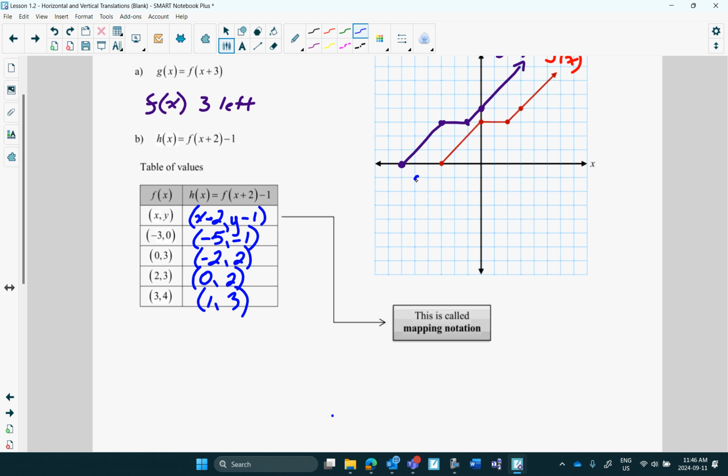So plot all these points and connect them as you go. So -5, -1, -2, 2, connect. -2, 0, 2, connect. 1, 3, connect. And then you can see on the graph that it just goes up forever.